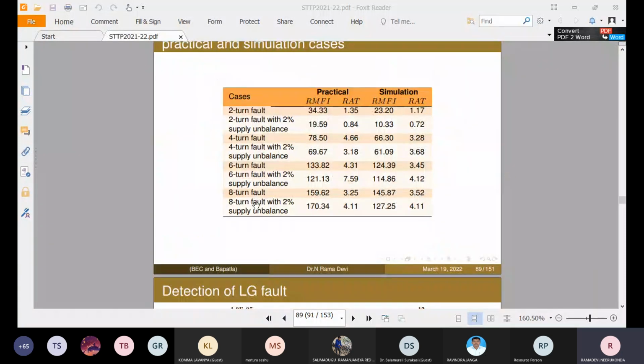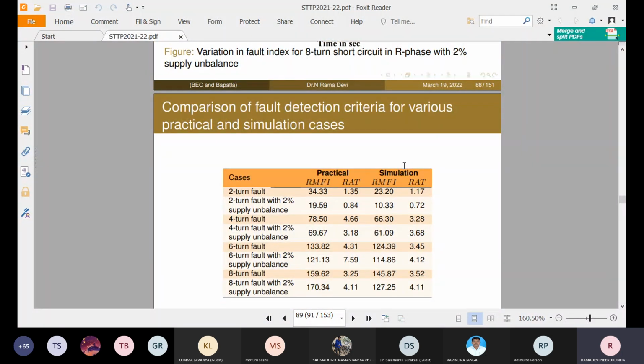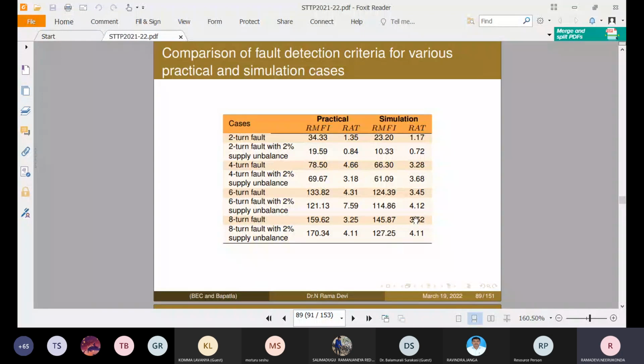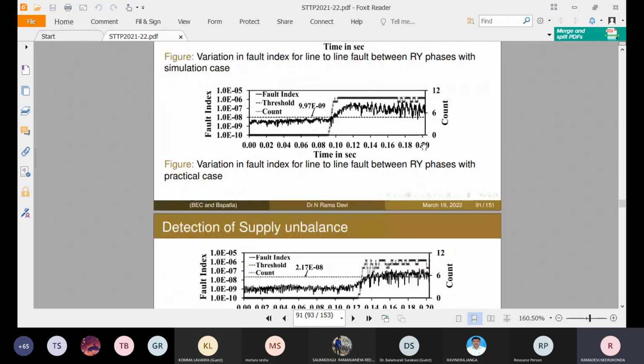The 8-turn fault on simulated results is 3.52, and the practical case is 3.25. So for the 2% case, it's nearly equal. Like that, we are comparing the fault detection criteria for various practical and simulation cases.